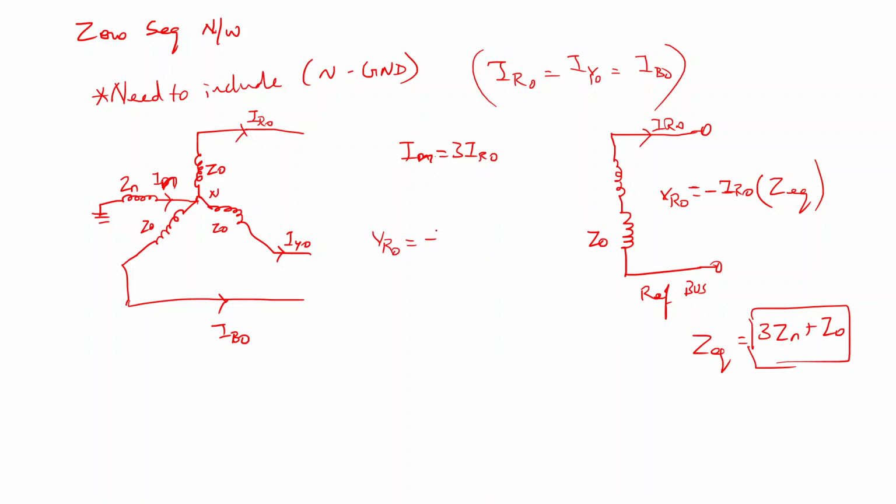VR0 is equal to minus INZn minus IR0 Z0, because both are in the same direction, and I know that IN is equal to 3 IR0, so minus 3 IR0 Zn minus IR0 Z0, and if I take minus IR0 outside, then I will get 3Zn plus Z0. So this is the final VR0, that is the voltage across here.